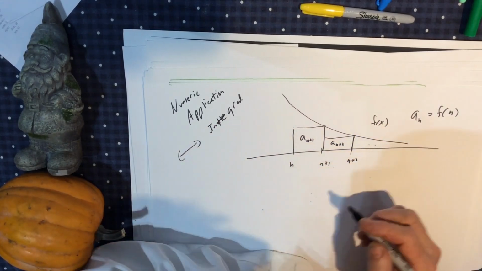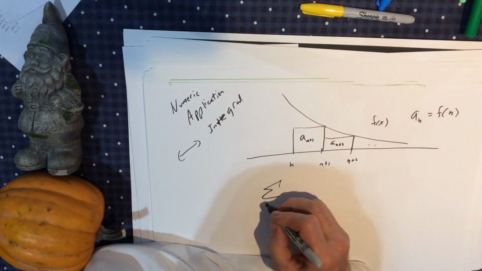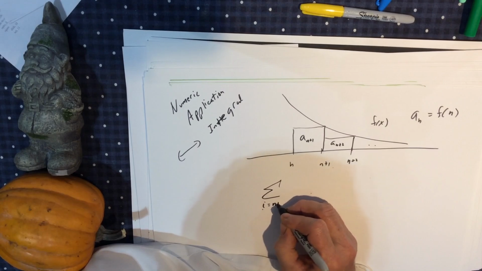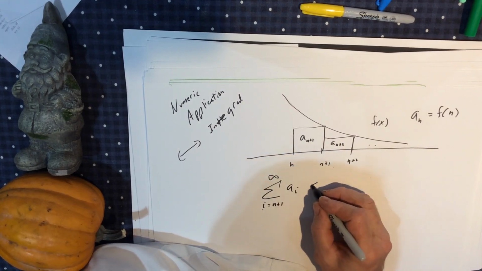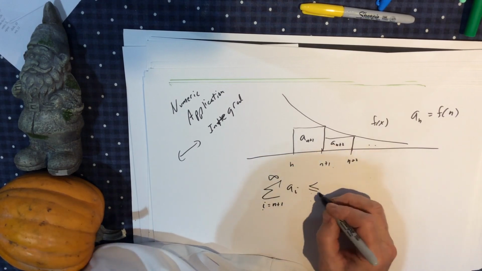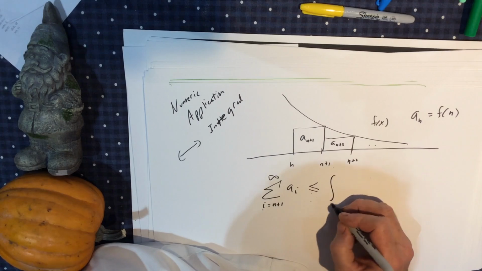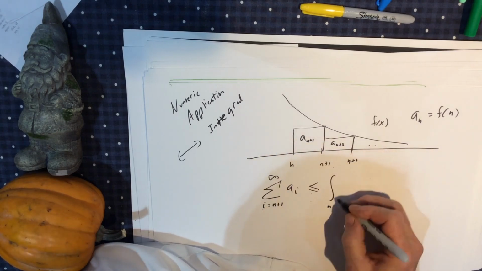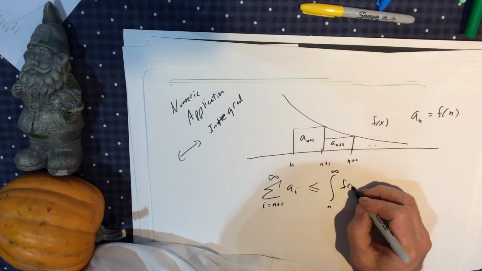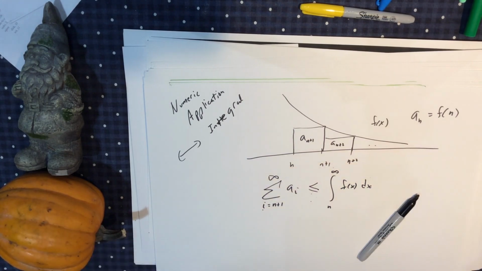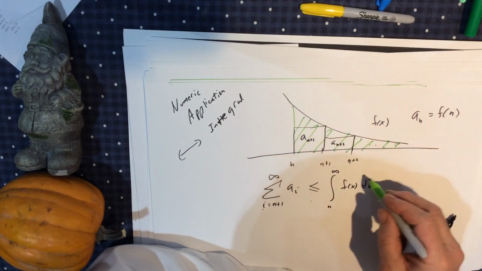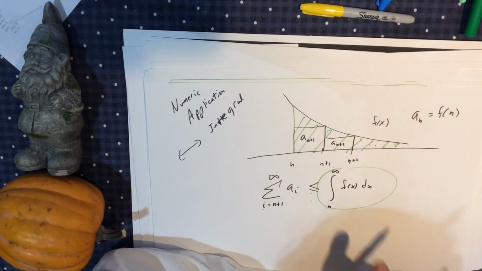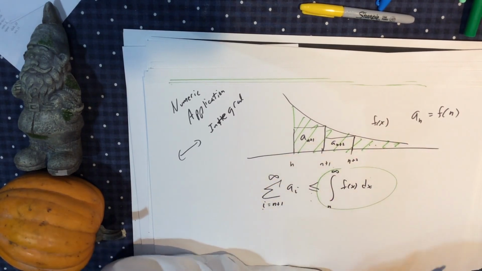And we'll do this forever, which says that if we start at an index of n plus 1 of a sub i and go forever, all of these boxes are less than, and for some strange function maybe equal, to the integral, but the integral starts at n and goes to infinity of f of x dx. So this area is bigger than my boxes.